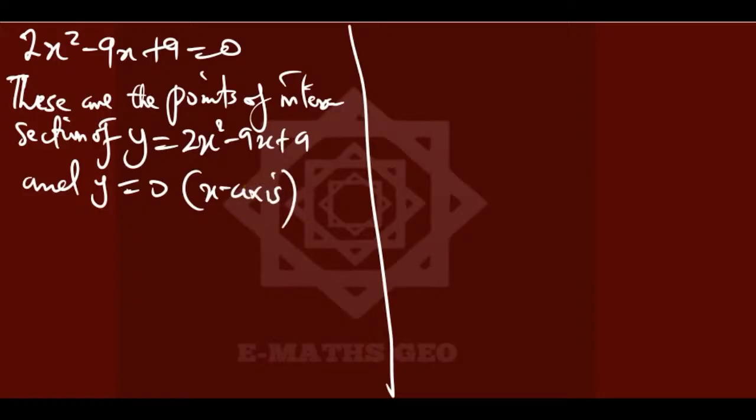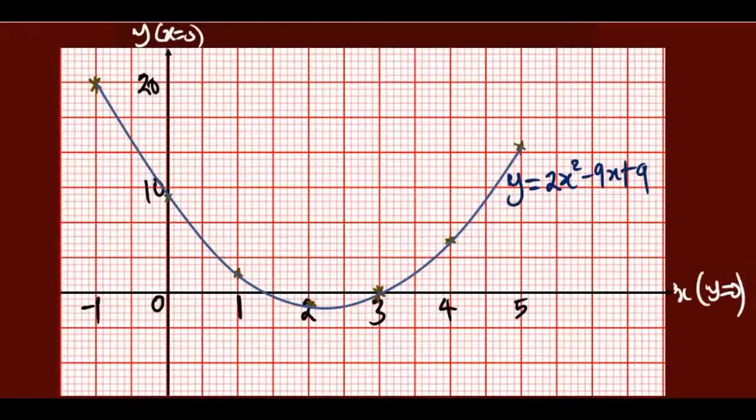So go to the x-axis and see where the curve crosses. We see this 3 is part of it. So let's locate this.